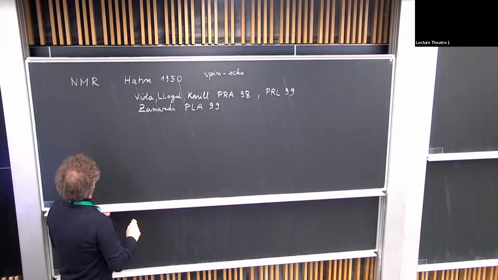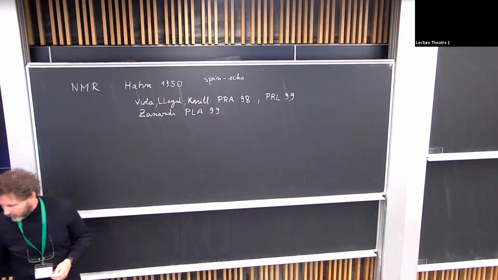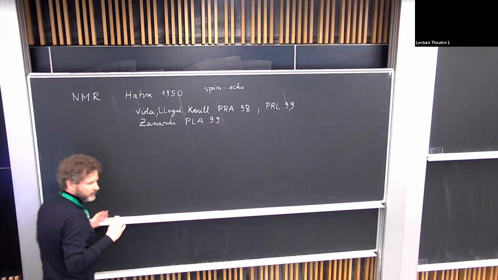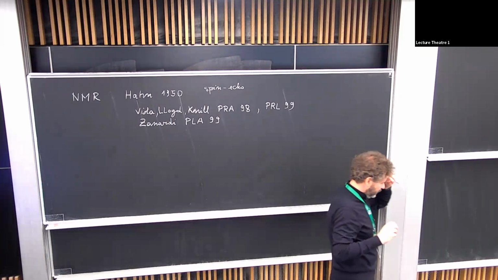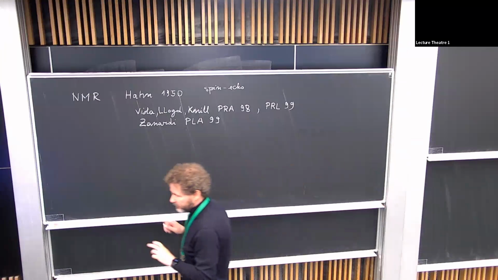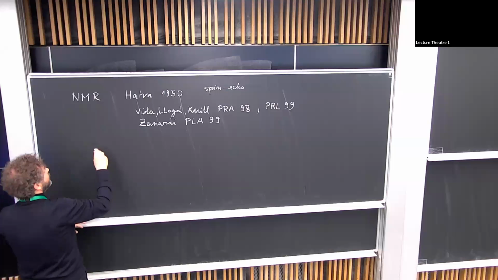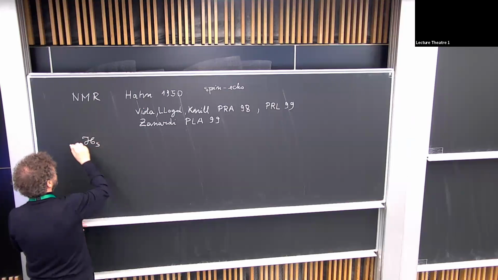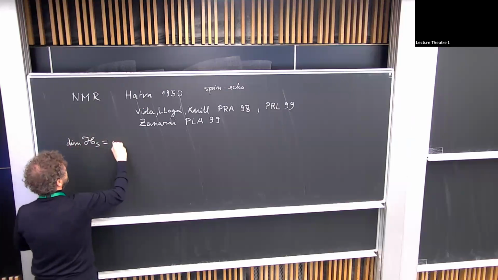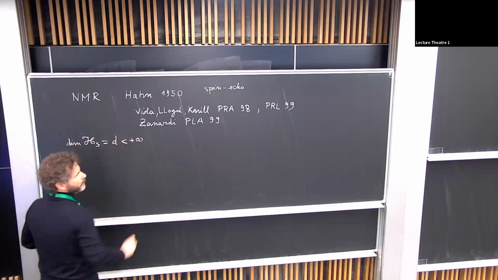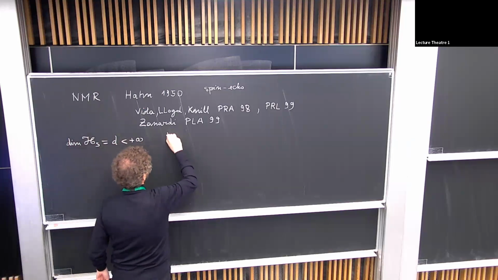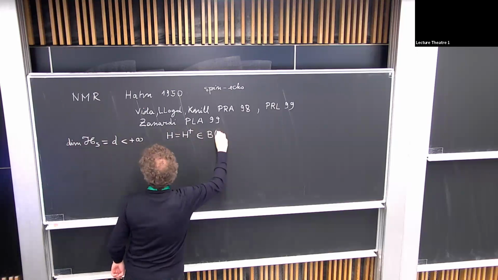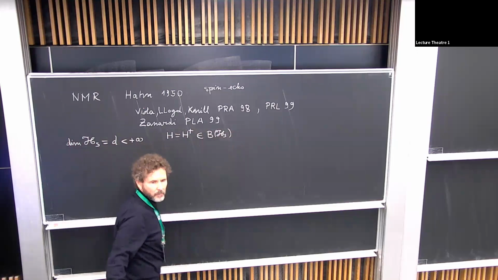So let me start by introducing the idea, and let us look at a finite dimensional system. The idea is the following. We have a Hilbert space of finite dimension, and you have a certain Hamiltonian H_S.